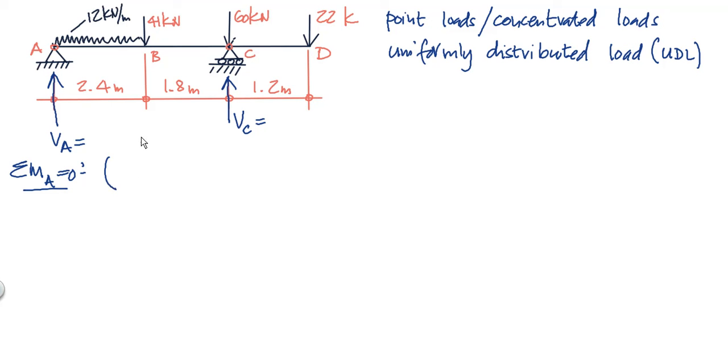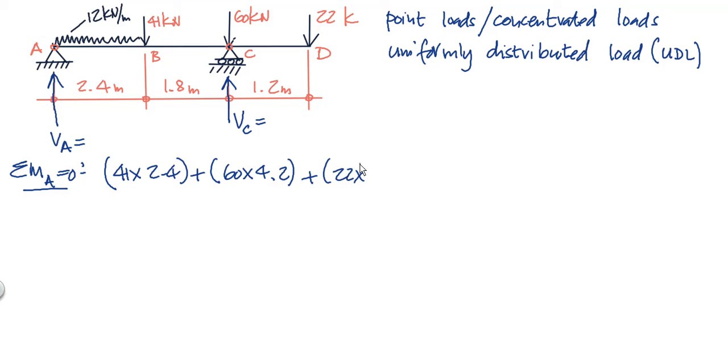So it's plus 41 times 2.4, plus 60 times 2.4 plus 1.8. That is 2.4 plus 1.8 is 4.20, plus 22 times 4.2 plus 1.2.